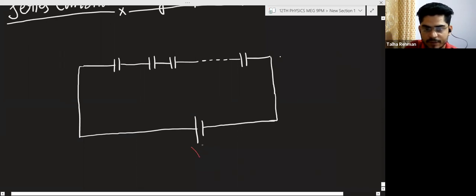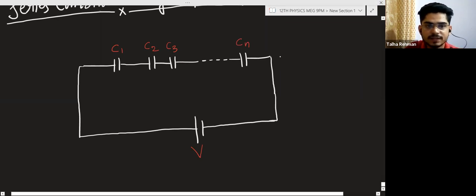This is a battery of voltage V. This is C1, C2, C3, and this is Cn. That means n capacitors are connected in series.